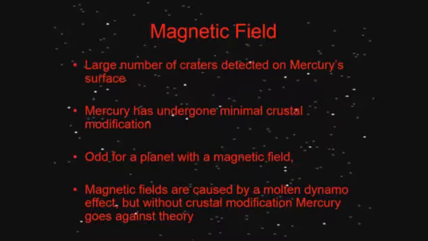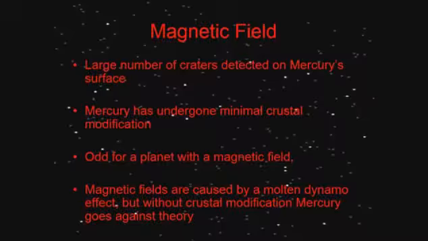As we said before, there's a large number of craters on Mercury's surface, and that suggests that Mercury has undergone very little crustal modification. That means there hasn't been much volcanic activity on the surface of the planet for a very long time. Now, as I said, the molten dynamo effect is where we have liquid metal spinning around inside a planet.